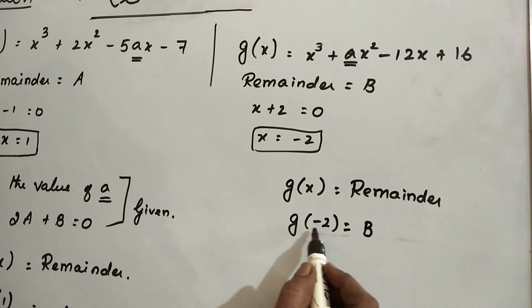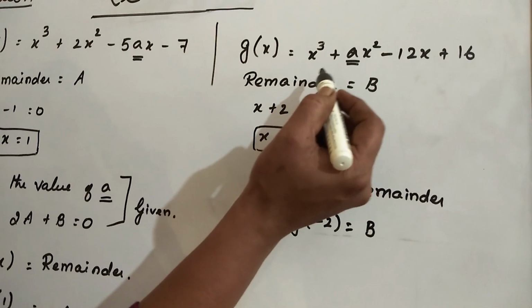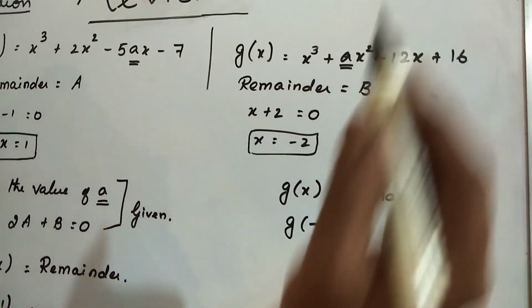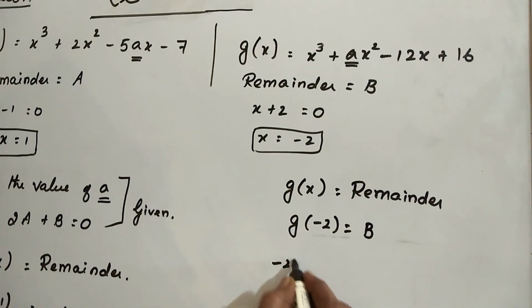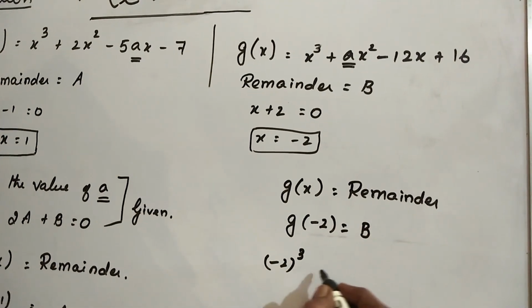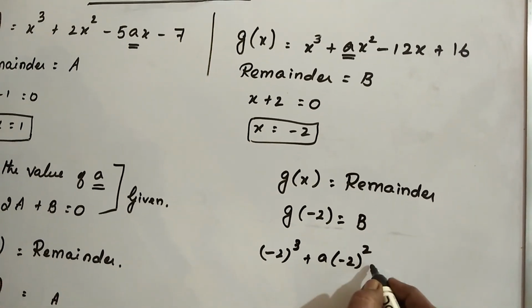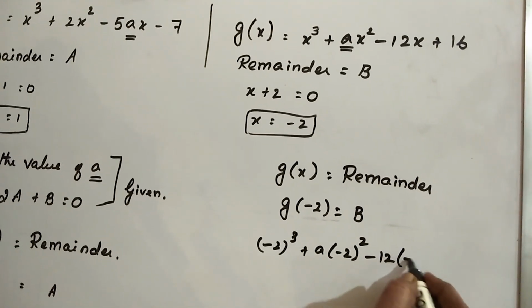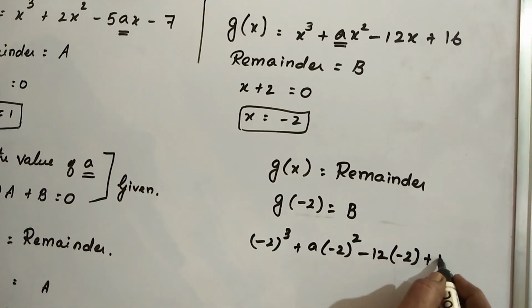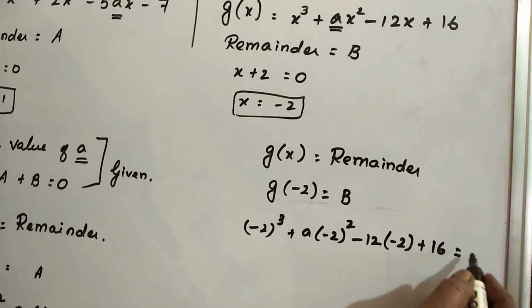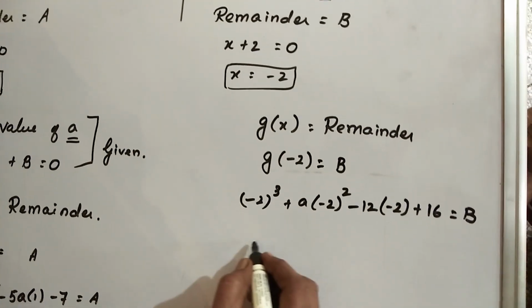Now put the value of x in the algebraic expression. So minus 2 whole cube plus a into minus 2 whole square minus 12 into minus 2 plus 16 is equal to b.